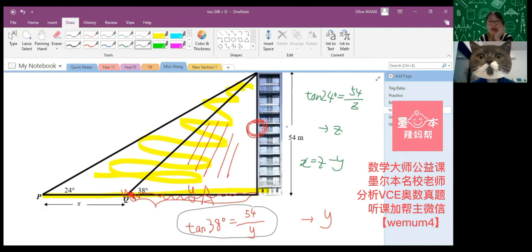Now everyone, think about, is that 54 divided by tangent 38, or is that tangent 38 divided by 54? These two multiplied together give you 54. Huawei, inverse means you need to find the angle. Now this angle is given, so we don't use inverse.